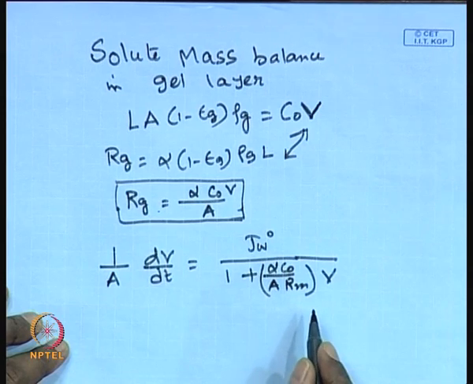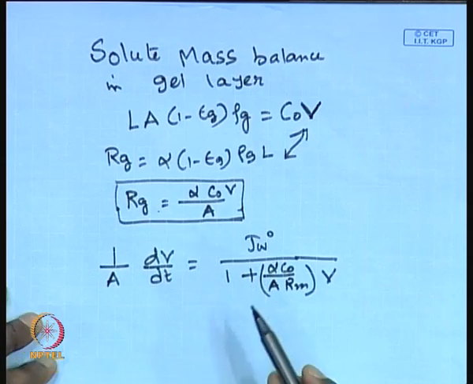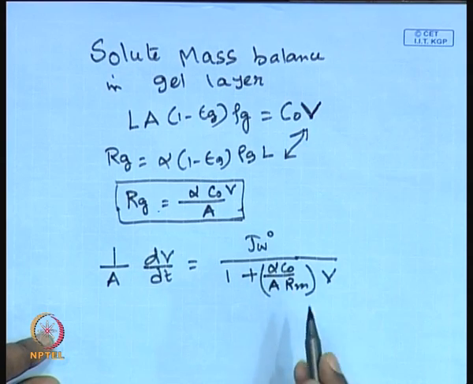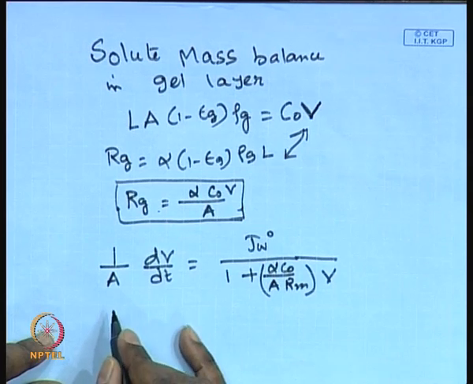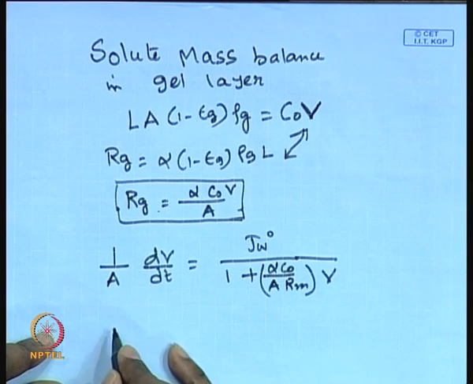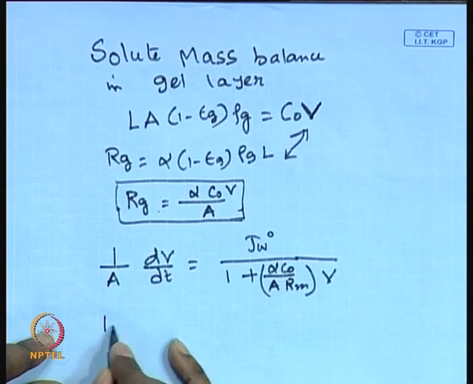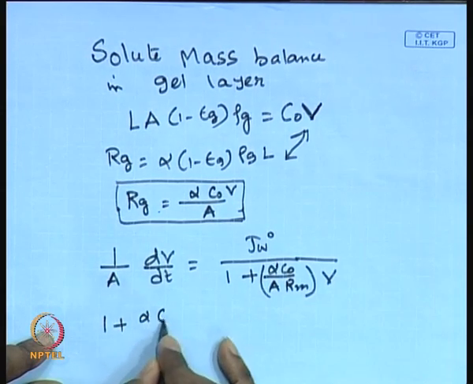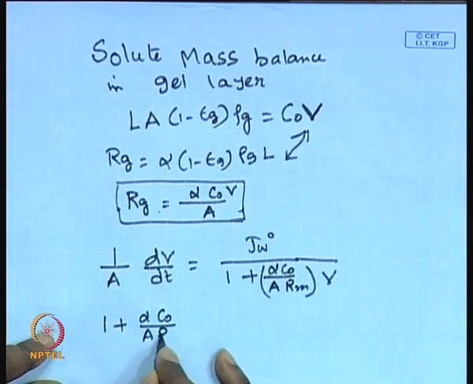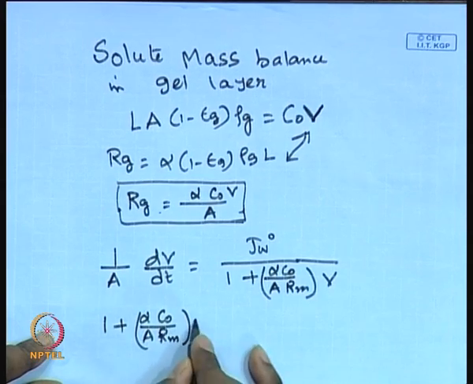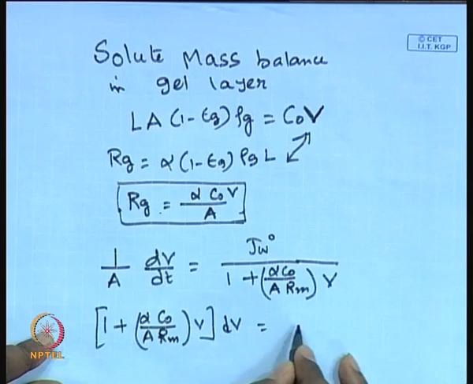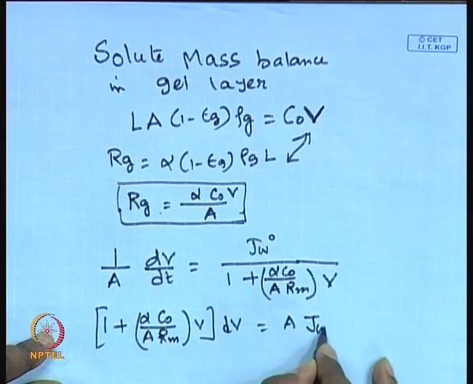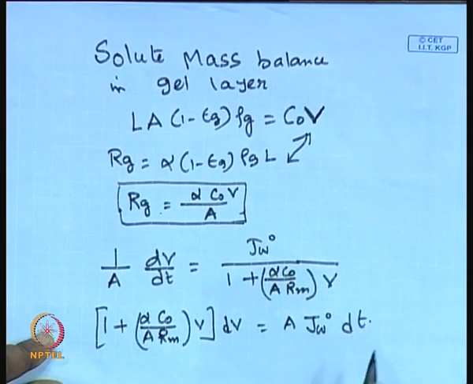Now, all the dependent variables will be in terms of V. So, basically what I did, I just replaced L in terms of V. Okay. So, just take it on the other side and you will be getting 1 plus alpha C0 by A Rm times V dV equal to A JW0 times dt.